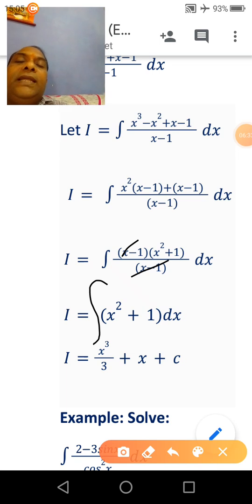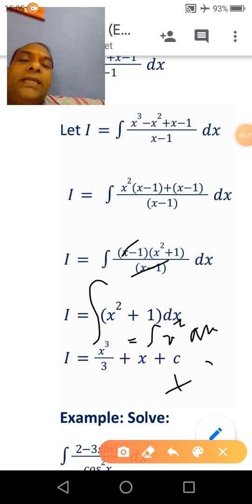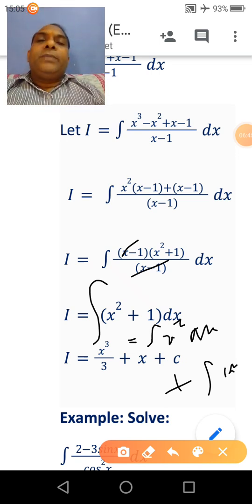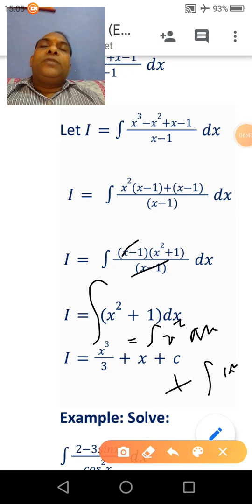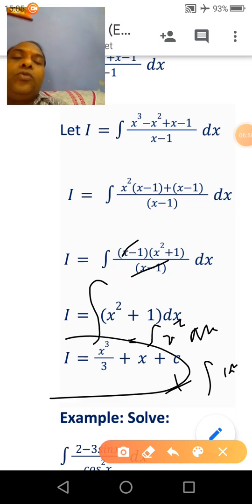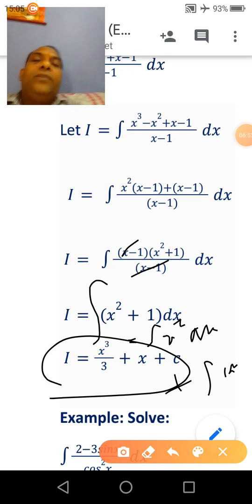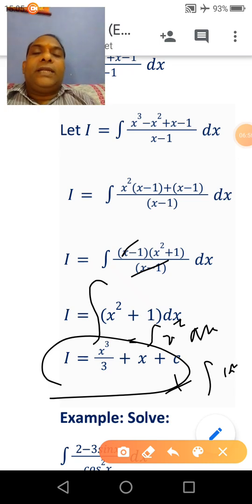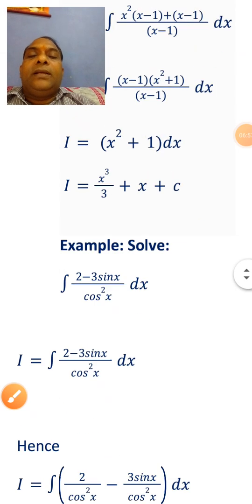Now integrate, this will be equal to integration of x square dx plus integration of 1 dx. Apply the formula of integration of x to the power n, which is x to the power n plus 1 upon n plus 1. So this will be equal to x cube by 3 plus x plus c, where c is the integration constant. Clear? See the next example.